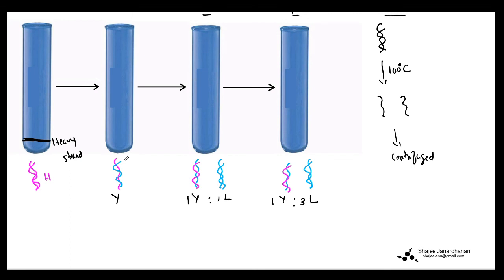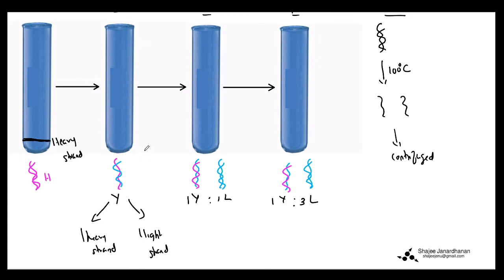Whereas when you do that experiment in the first generation, all the daughter duplexes are hybrid. If you do that experiment, the hybrid duplexes are going to denature, and what you are going to get will be one heavy strand and one light strand, correct?